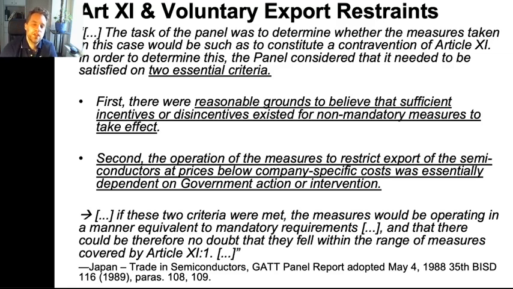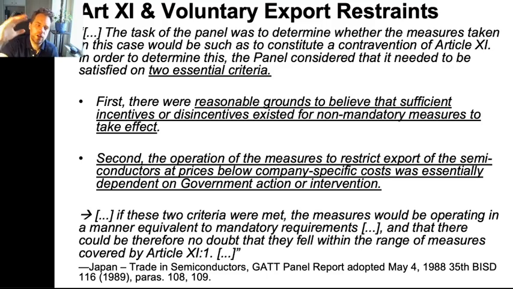And secondly, the operation of the measure to restrict export of the semiconductors, in this case, was at prices below company-specific cost, and this was, however, essentially dependent on government action or intervention. And if these two criteria are met, so it's a cumulative list, a short list, but a list nevertheless, the measures would be operating in a manner equivalent to mandatory requirements.